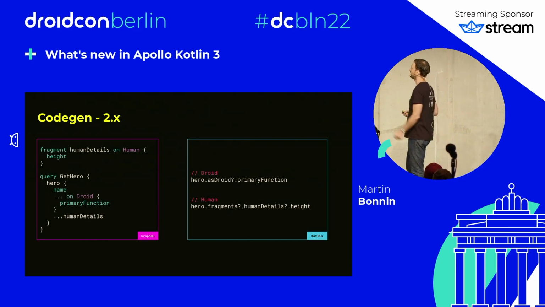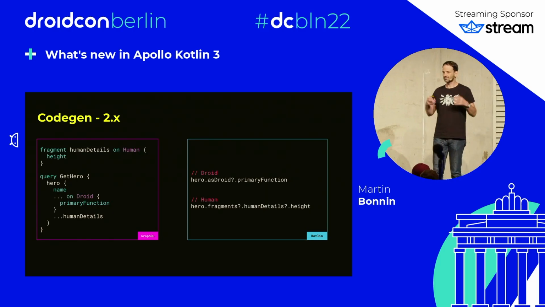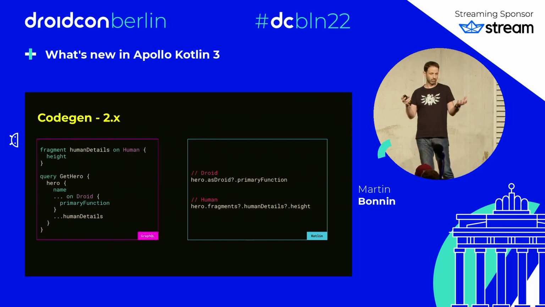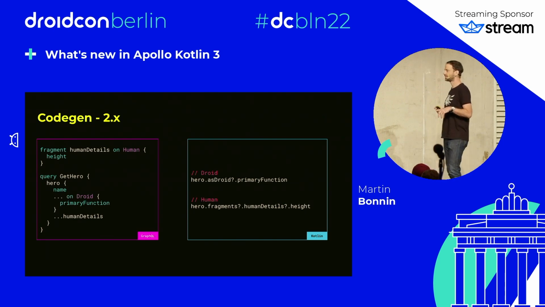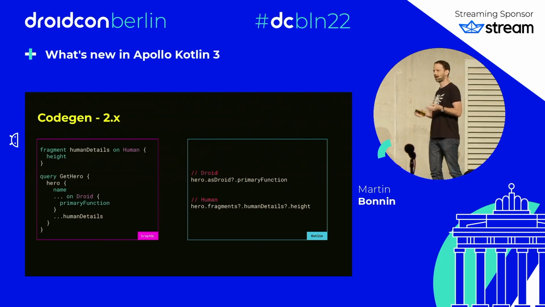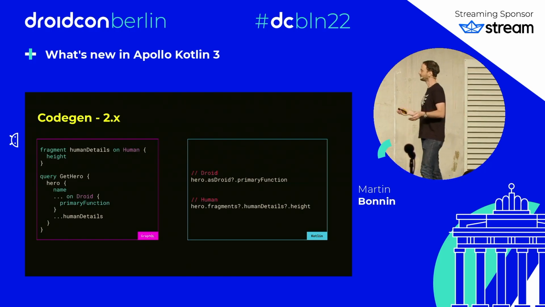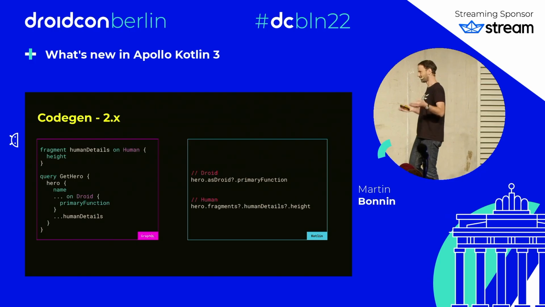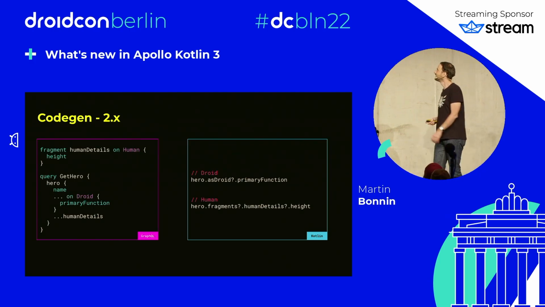So this query on the left, it uses two kinds of fragments. It's querying a hero from the Star Wars API. The Star Wars API is a simple GraphQL API. You can find it online. And it returns either a droid hero, if your hero is a droid, or a human, if it's a human, like Luke Skywalker, or maybe Princess Leia, or someone else.